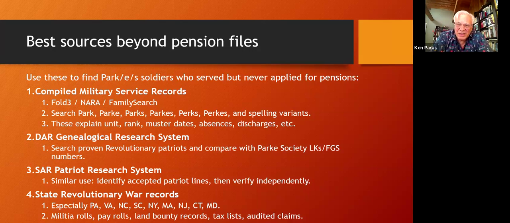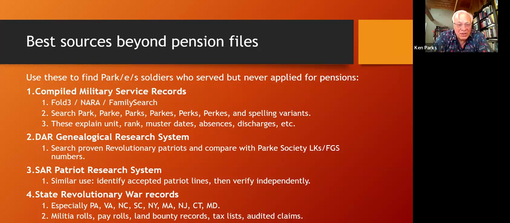So those records are going to give us basic information like the unit, the rank, their muster dates, if they were absent, when they were discharged, that sort of thing. It's not rich genealogical or biographical information, but it does supply information as to their service and when and where they served and how they served.